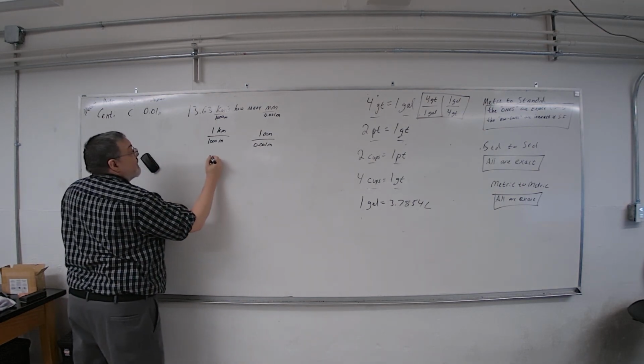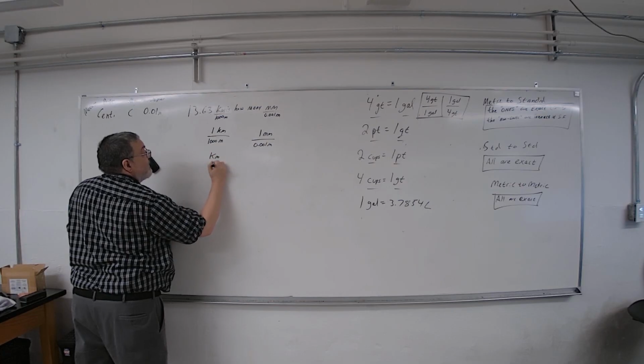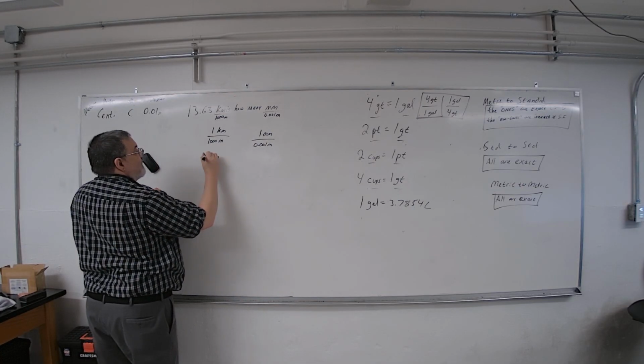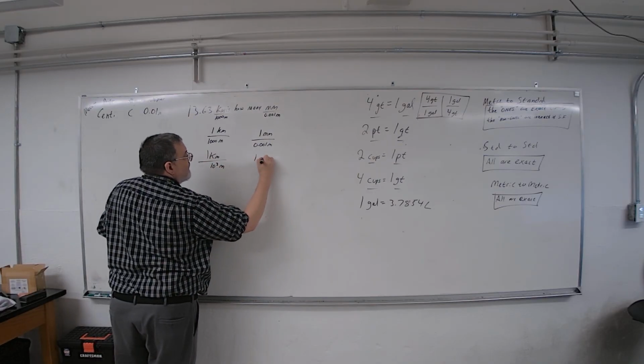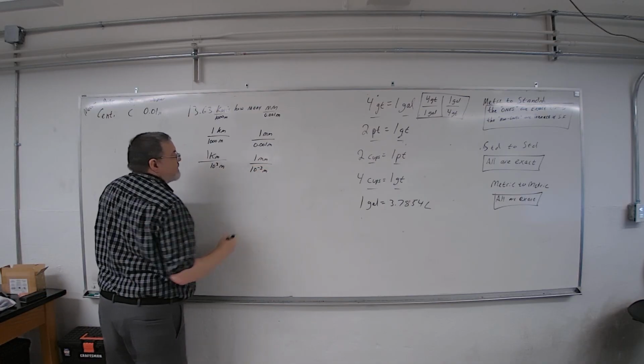What you're saying, though, you could go kilometers, and the multiplier is 10 to the 3. 1 kilometer is 10 to the 3 meters, and 1 millimeter is 10 to the negative 3 meters.